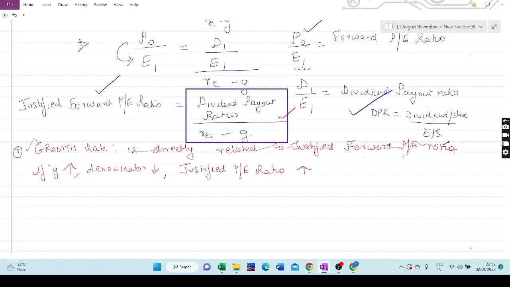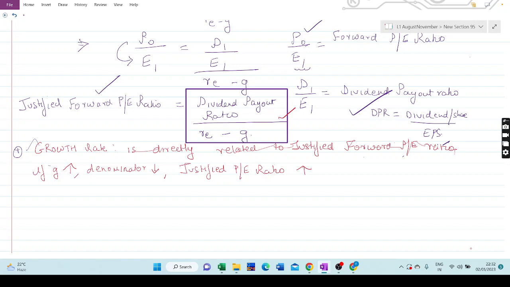And this is what we discussed in the starting of the class, that P ratio is a function of growth. Higher the growth, higher the P ratio, lower the expected growth, lower the P ratio. Higher the expected growth, more the investors are willing to pay to buy the stock, and lower the expected growth, the lesser the investors are willing to pay.